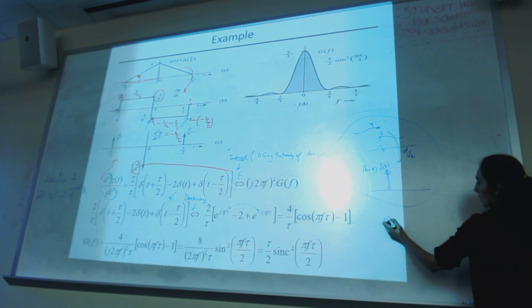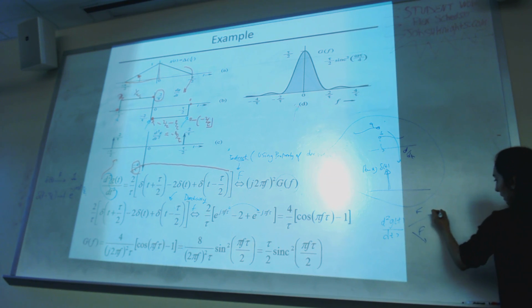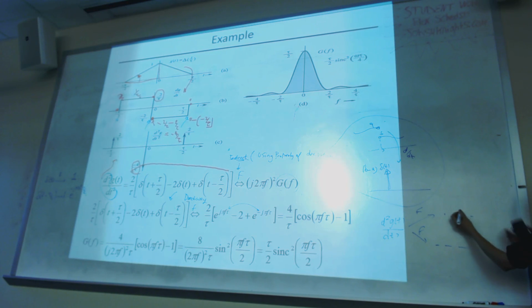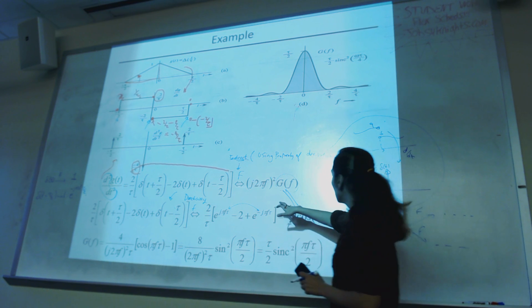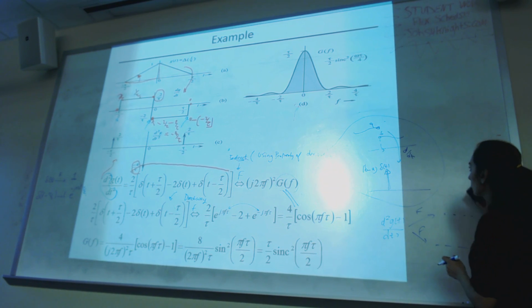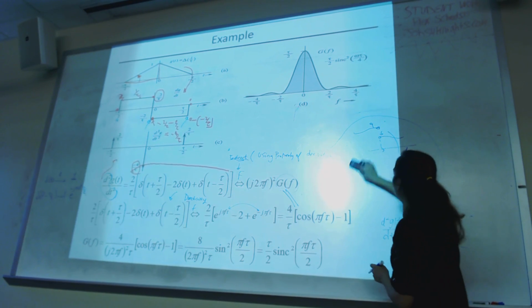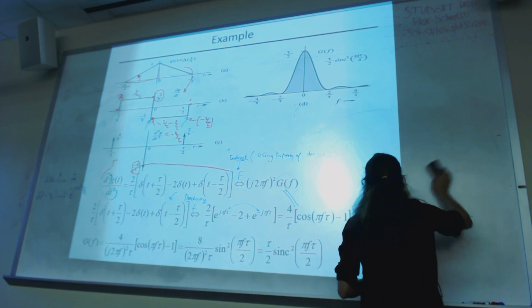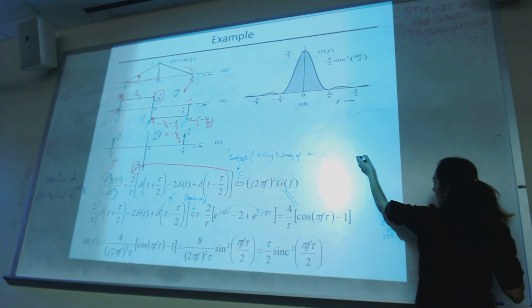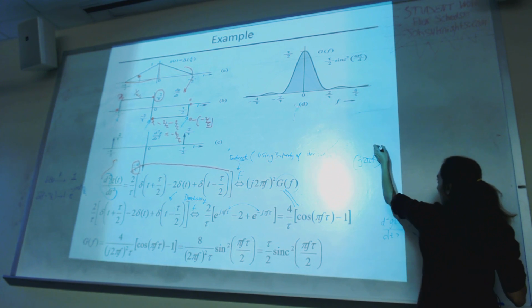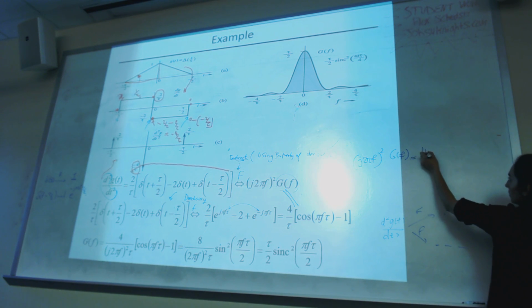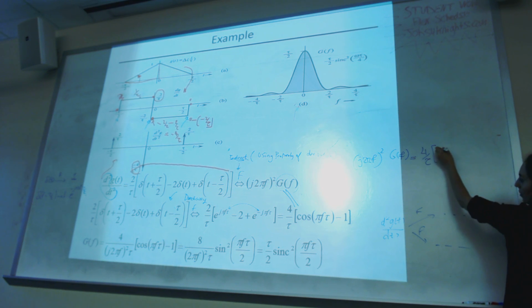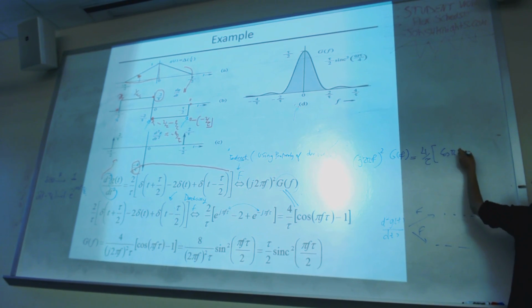So again, I had this signal. I had two ways of Fourier transform: direct way and indirect way. Now they have to be equal, right? So make these two equal. Okay, so what do we get? j 2 pi f squared G of f has to be equal to this, tau cosine tau.